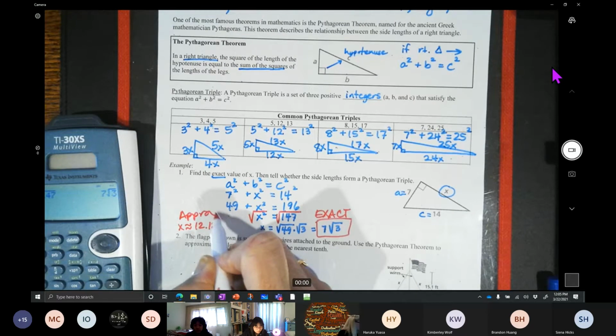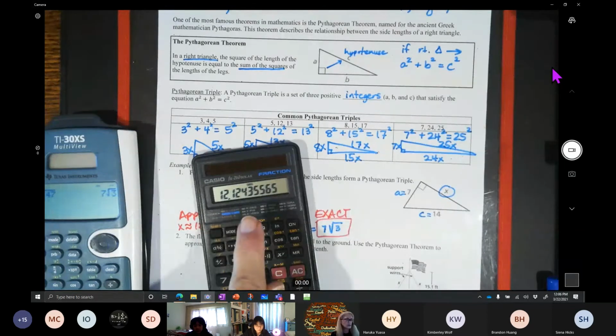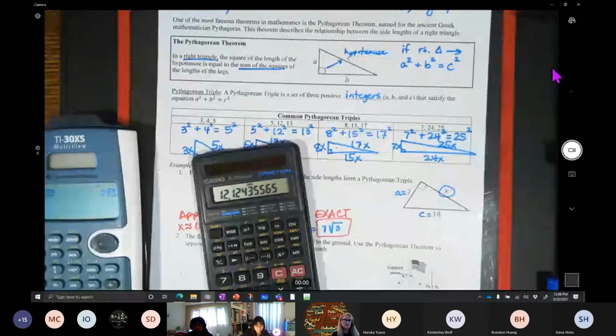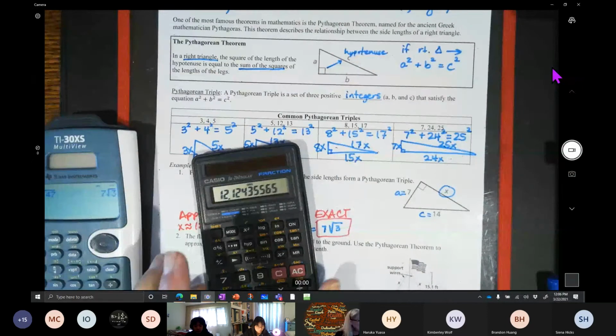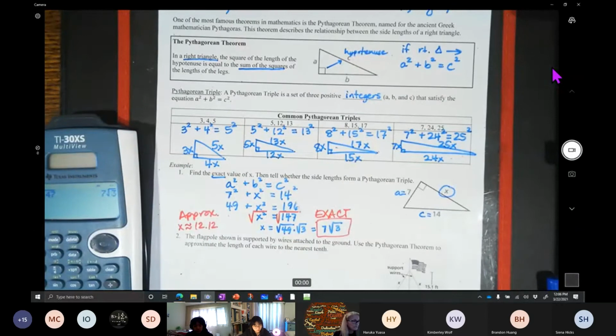We don't want an approximation, which my other calculator will do. I have this one set to do the radicals. But if I did the square root of 147 there, it'd give me that decimal. That's an approximation because it's not exactly the root. So if it says find the exact value, then that's what you need to enter.